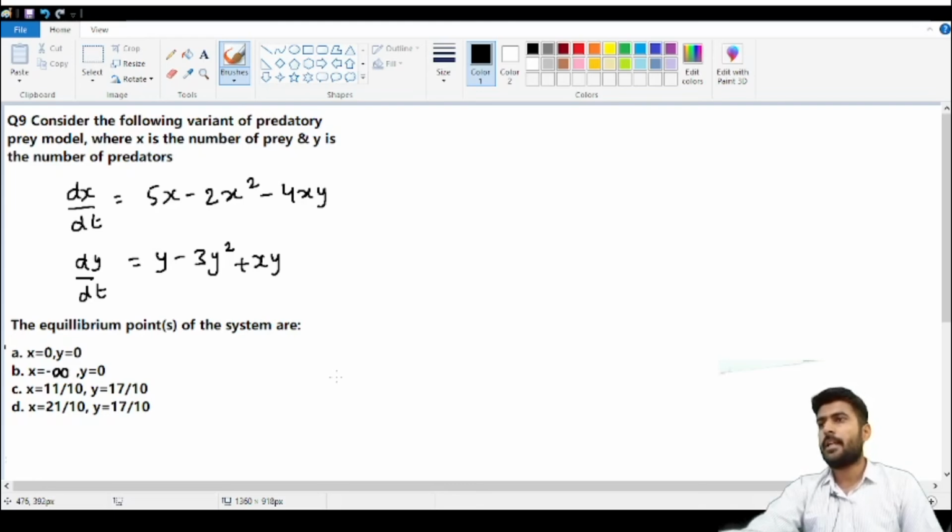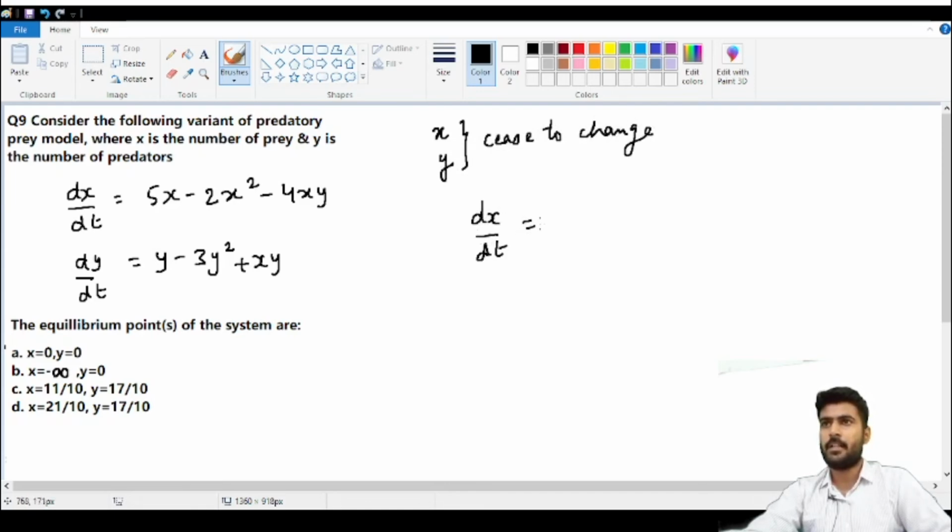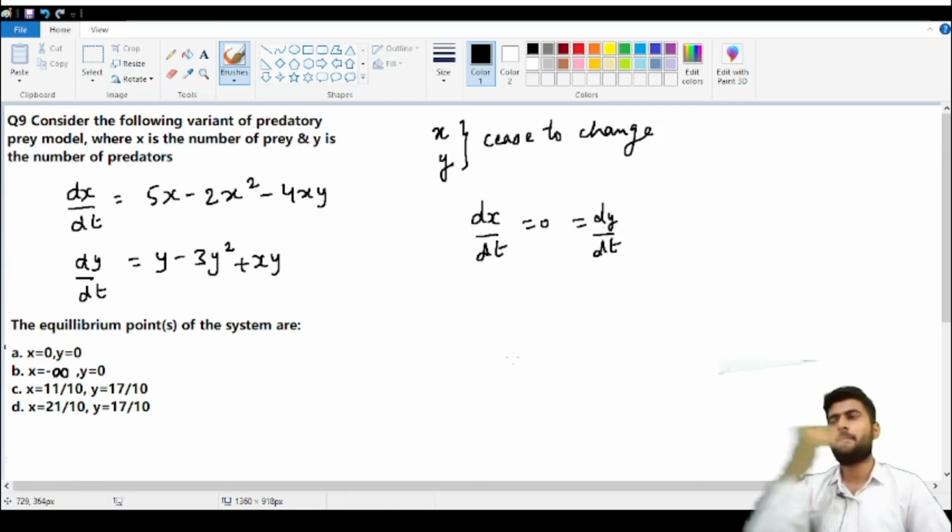The equilibrium points are the points where the variables x and y cease to change, which basically means that dx by dt and dy by dt are equal to 0.